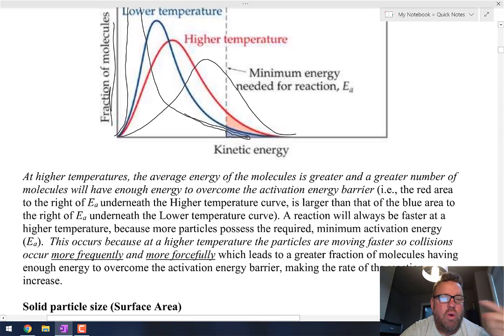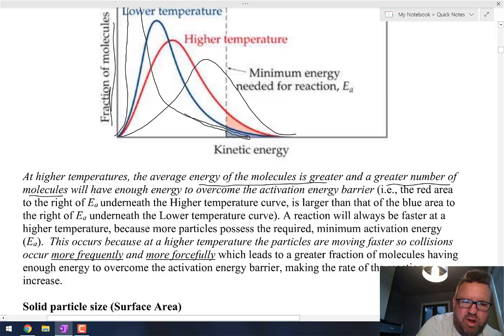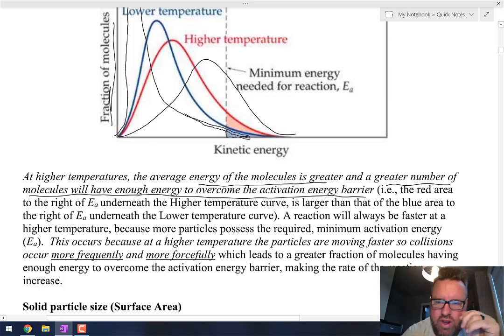Okay, so now why does this happen? Again, because at higher temperatures, you've increased the kinetic energy of the molecules. So the energy of the molecules is greater, and that means a greater number of molecules will have enough energy to overcome that activation energy barrier.